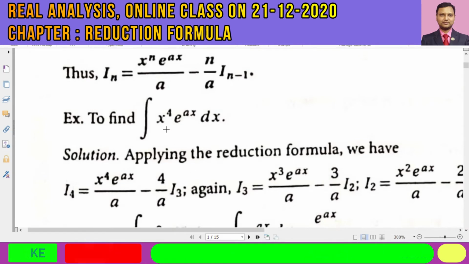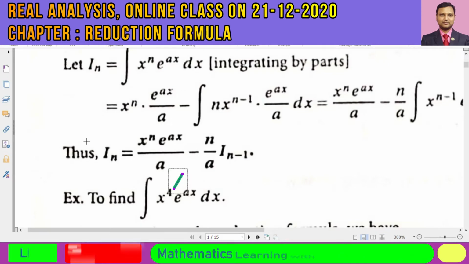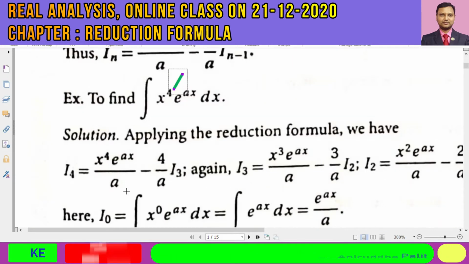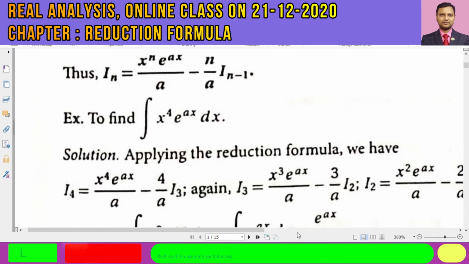You see, an example has also been given. Over here n is taken as equal to 4. So we have I_4. Just put n is equal to 4 in this formula. Firstly you need to deduce this formula, and then in this formula you will have to put n is equal to 4. Then we have this kind of result that is related with I_3. Okay, then put n is equal to 3 over here.